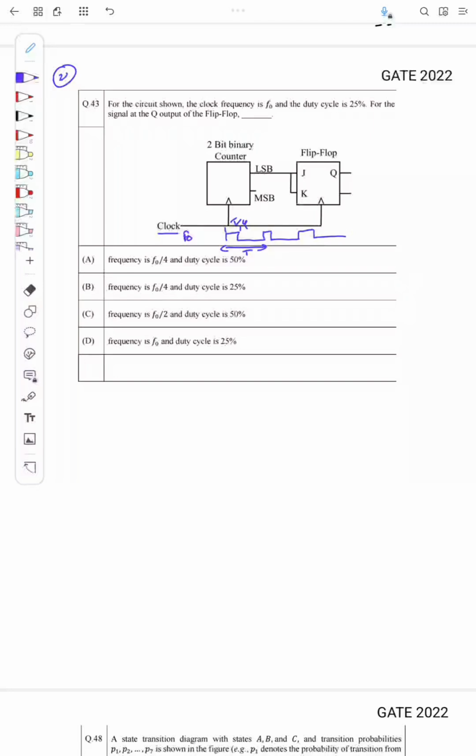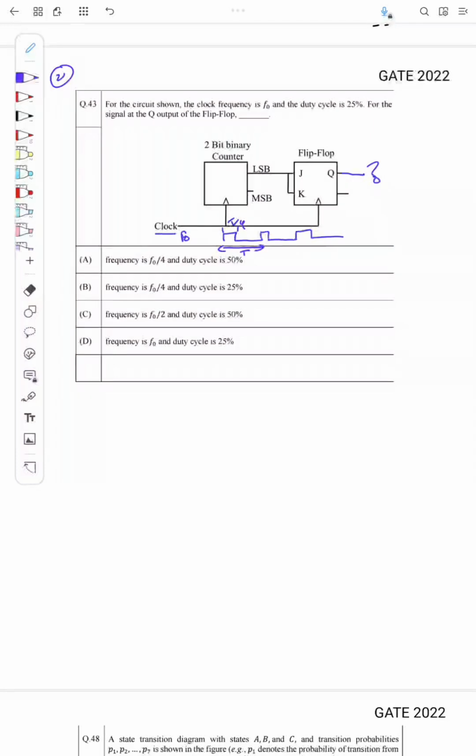Now for this signal at Q, at the Q output of the flip-flop. Okay, so the question is what should be the output Q? And in the options it is given like frequency is this much and duty cycle is this much. So among these options we have to select which is the corresponding output Q.